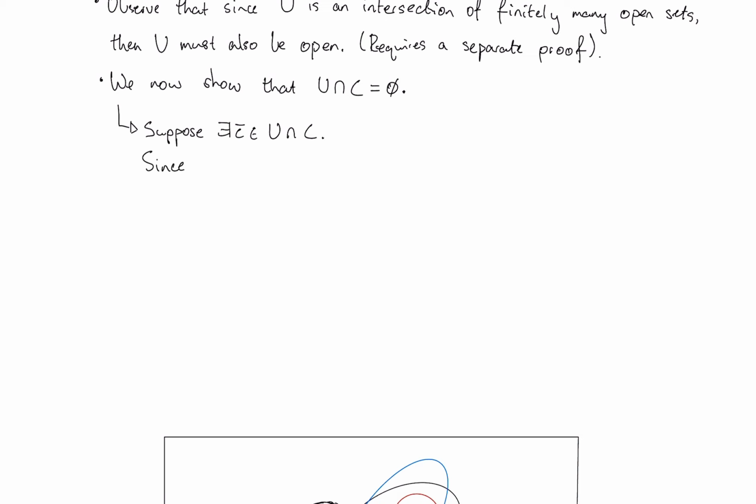So since we have a cover for C, VC1, VC2, all the way up to VCn, we know that there exists an i in this index set such that C dash lives in one of those open neighborhoods.